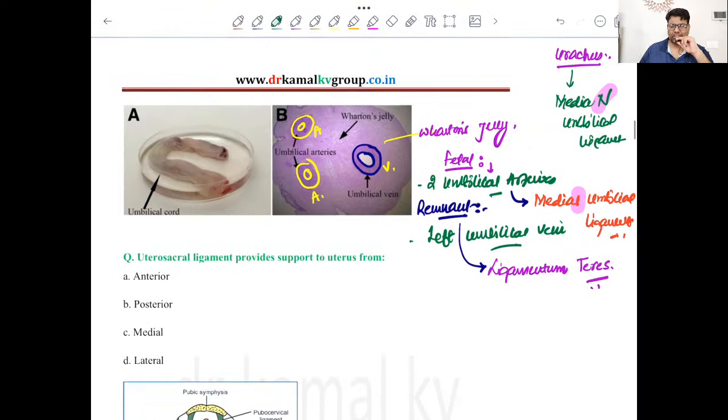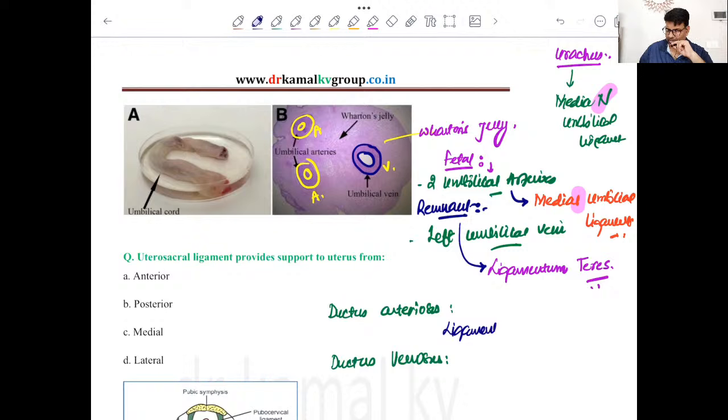And since we are already discussing the remnant, there are two more structures, the remnant of which you should remember. One is ductus arteriosus and another is ductus venosus. Now these are quite easy to remember. What you need to do is add the word ligamentum first.